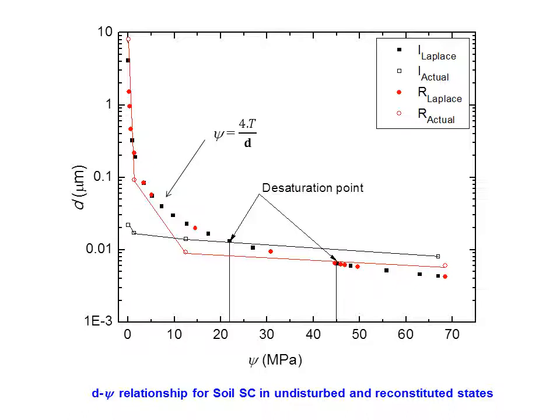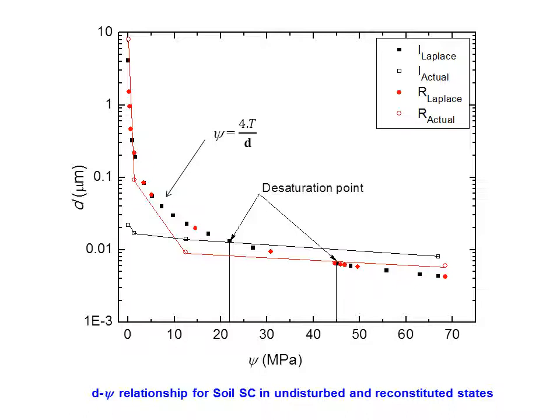So in principle, if a point lies below this curve, it indicates that the pore is saturated, as the suction or the pressure is less than the threshold pressure required for desaturation of the pore. Any point above this curve will indicate a desaturation of the pores.